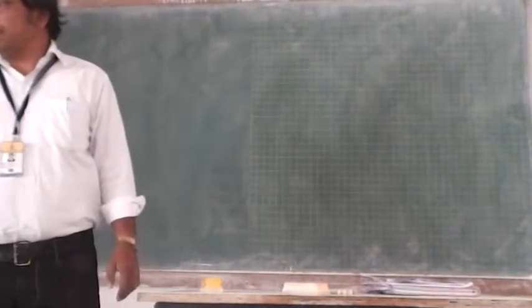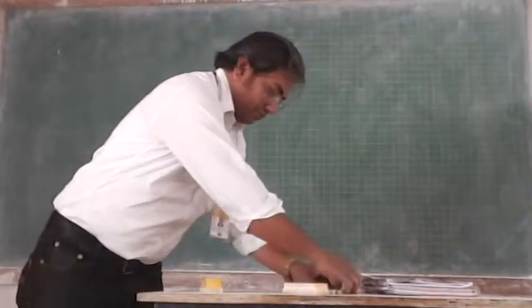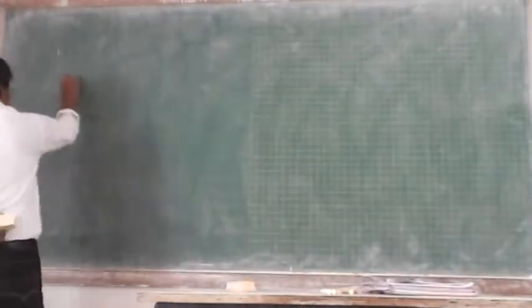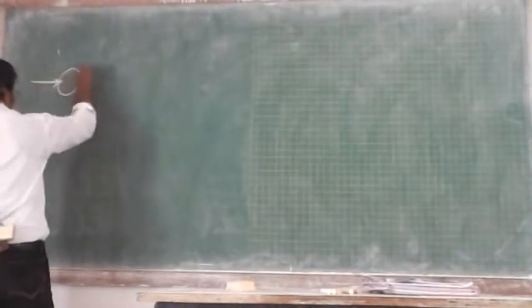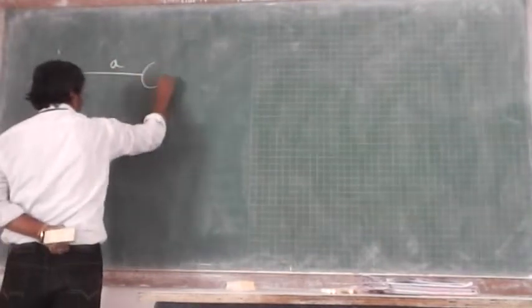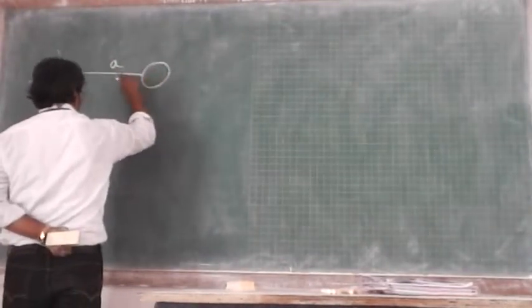To remove null? Okay. This is, suppose, the initial state. Okay. This is another state.